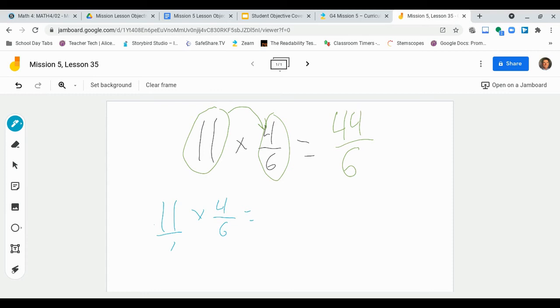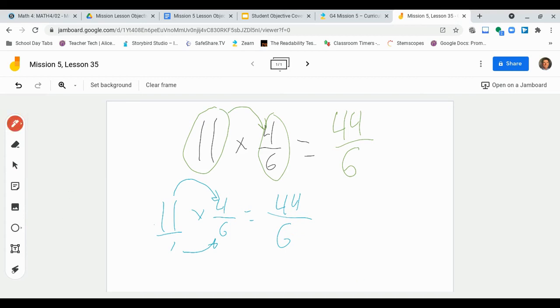So really, any whole number is itself over 1. So in theory, we're still just multiplying numerators, 44, and we are also multiplying the denominators. It's just 1 times whatever your denominator is, so 1 times 6 in this case, sixths. Just like that.